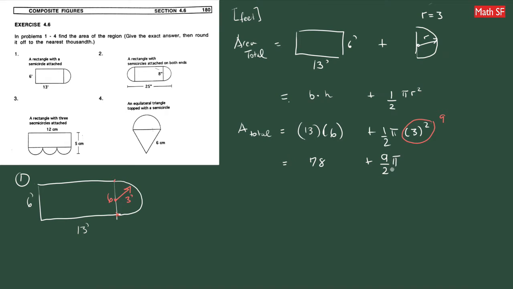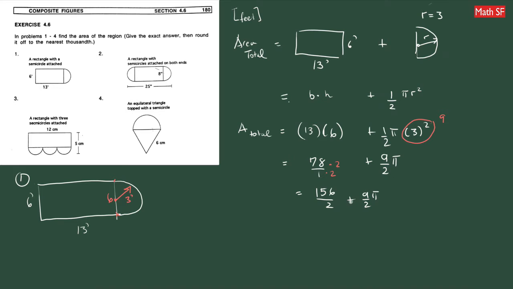pi. But they want you to give the exact solution. So I'm probably going to combine these two things together. I'm going to put it in the same denominator. This could be an okay answer, but I believe they want you to put it all together. So it means this is going to be over 1 times 2, so I can have the same denominator. So 78 times 2 is going to give me 156 over 2 plus 9/2 pi.